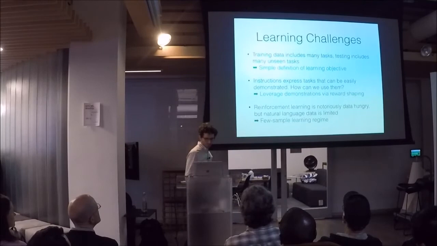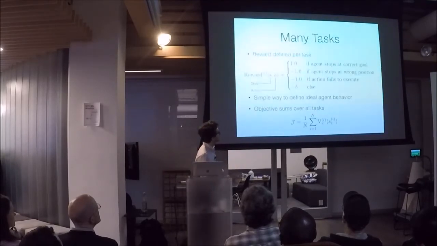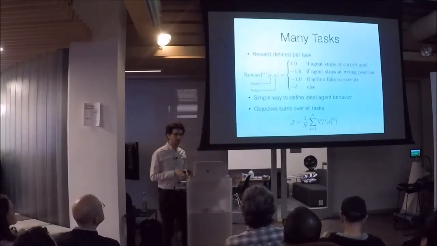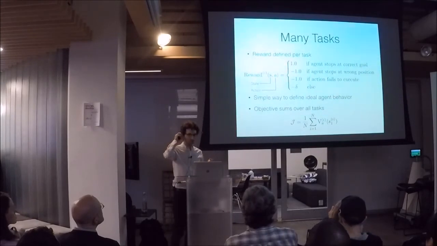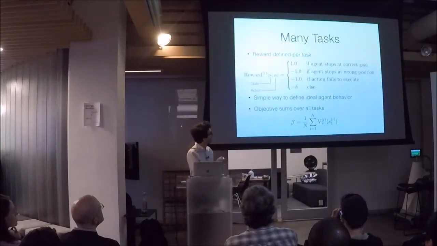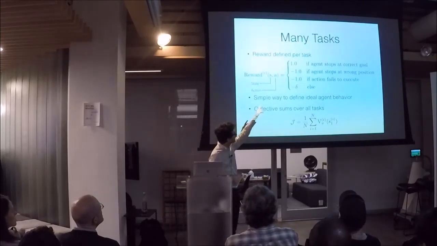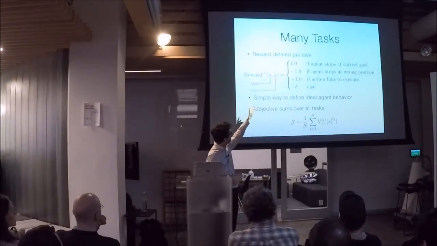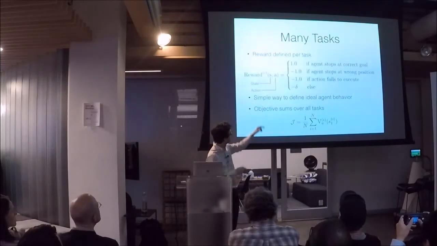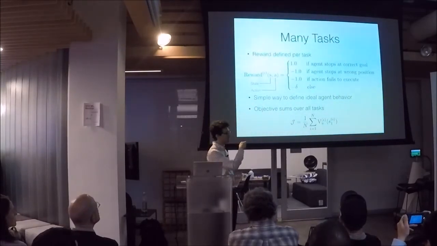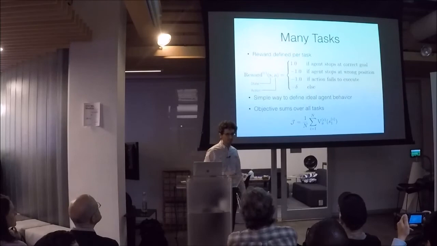Okay, so to learn from any task, we're going to do something very simple. We are going to define the reward for every task. So for every sample that we have, we define a different reward. This reward is going to take the state, and it's going to take the action, and this is where this ability to instrument the state during training kicks in.